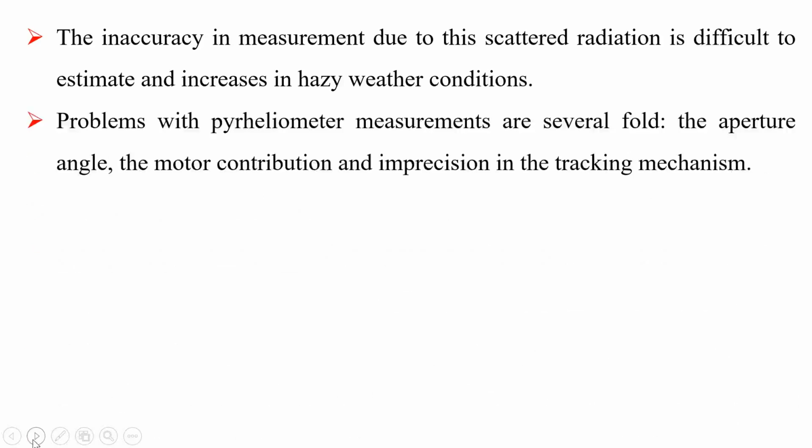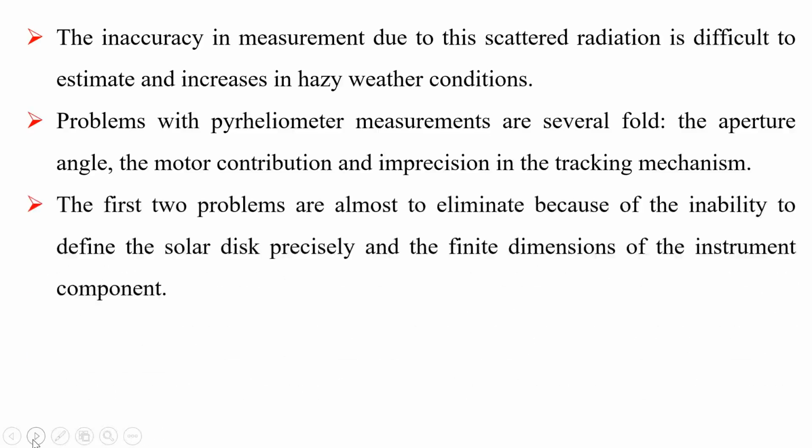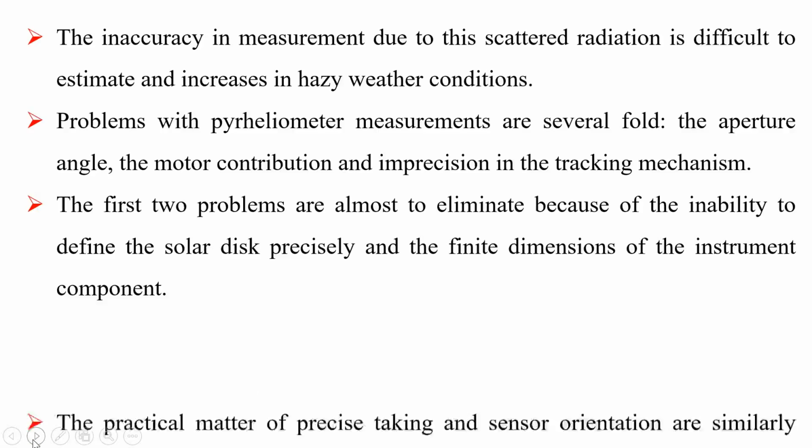Problems with pyroheliometer measurements are several fold: the acceptance angle, the motor contribution, and the imprecision in the tracking mechanism. The first two problems are difficult to estimate because of the inability to define the solar disk precisely and the fine dimensions of the instrument components.